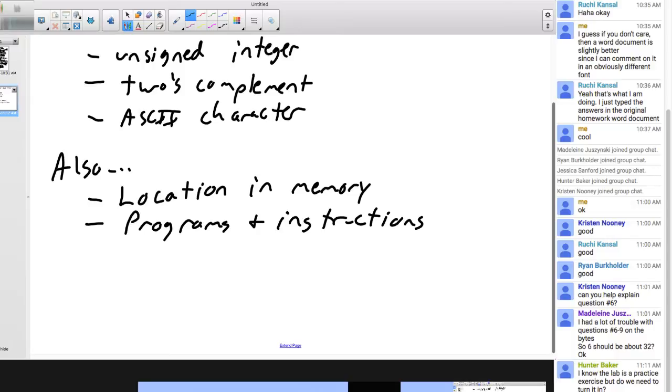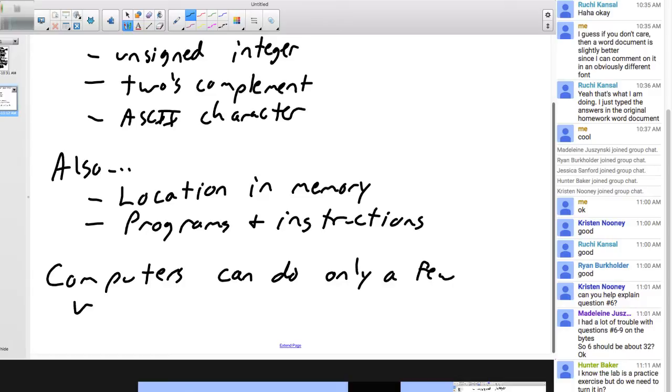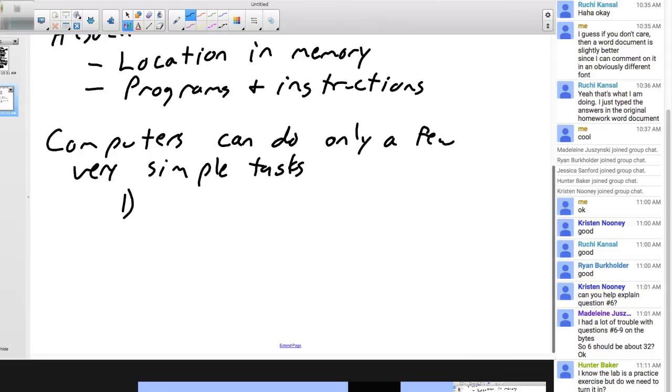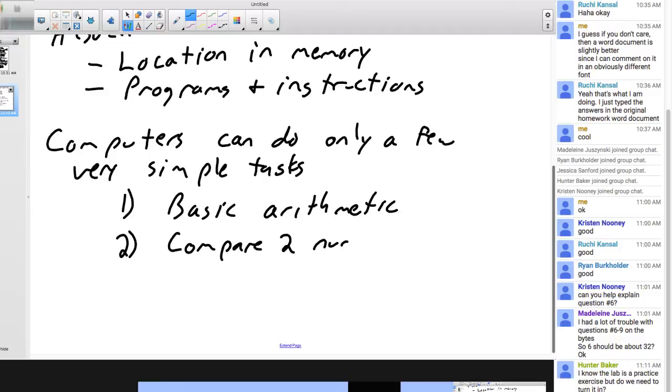Computers can do only a few very simple tasks. They can do basic arithmetic, like adding. They can compare two numbers and see if they're equal or less than or greater than.